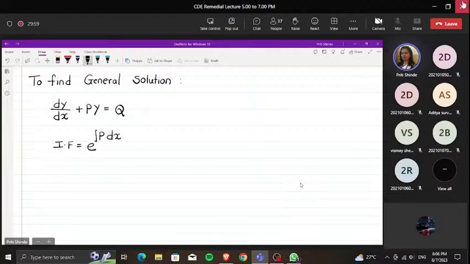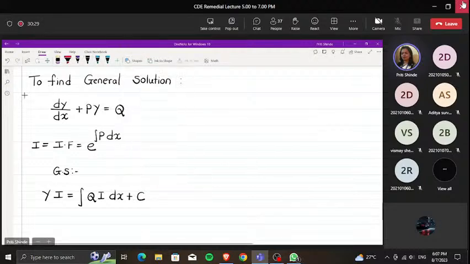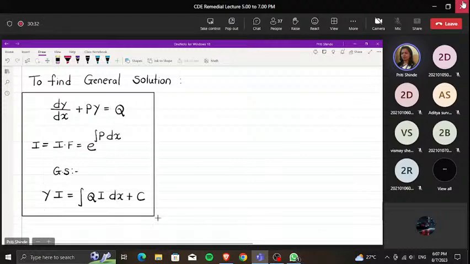Derivative is with respect to x, dy by dx, so integrate with respect to x. Okay. And general solution, since it is linear in y, suppose I denote integrating factor by I. So yI is equal to integration of qI dx plus c. Okay. So this is the solution of linear differential equation in y.